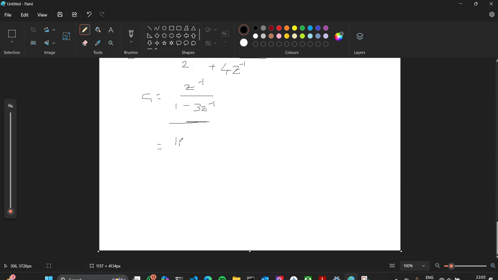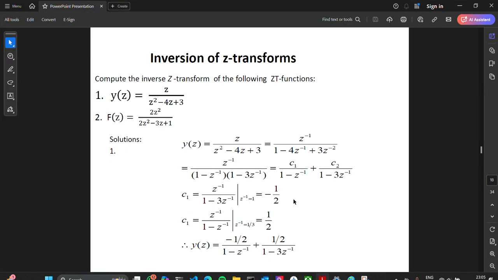So the limit as z to the negative 1 tends to, so if you are looking for, say, C1, it's going to be the value that'll make this 0, or at least the denominator 0, and that is in this case equal to 1.